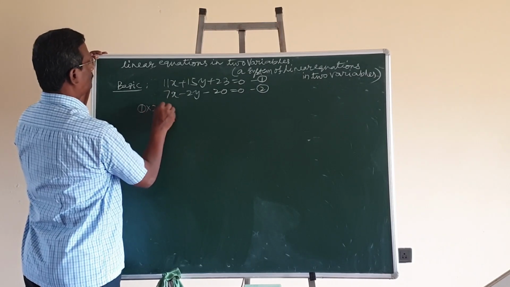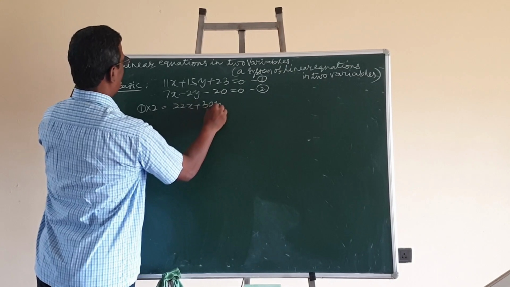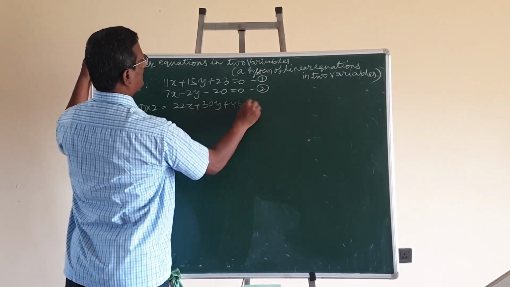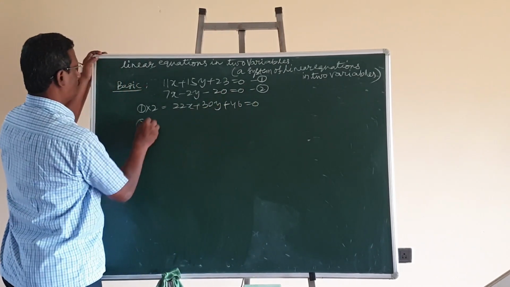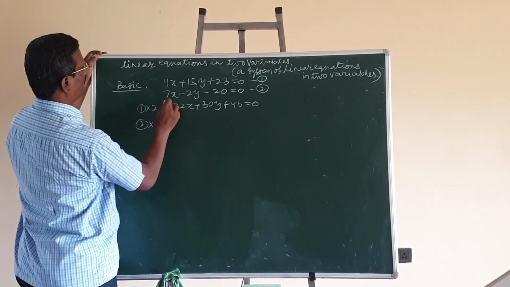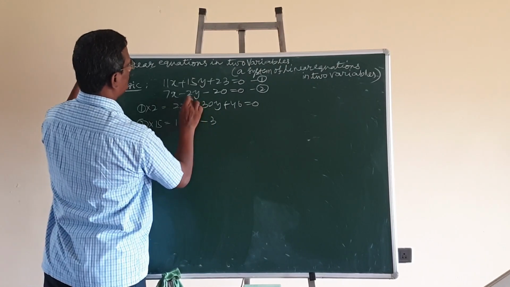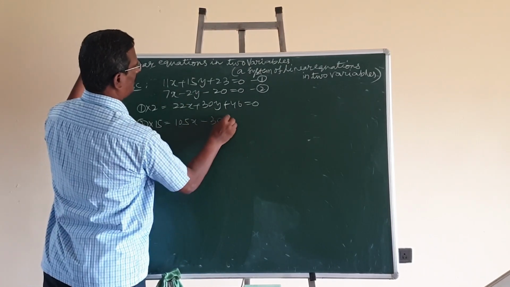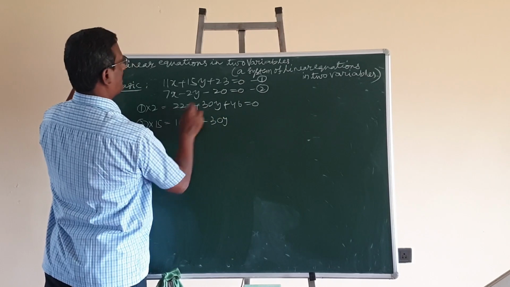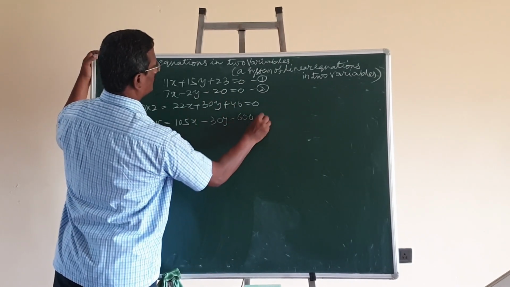Equation 1 into 2 is 22x plus 30y plus 46 is equal to 0. Equation 2 into 15 is 15 into 7, 105x, minus 2y into 15, 30y, 15 into 20, 300, with the minus sign is equal to 0.